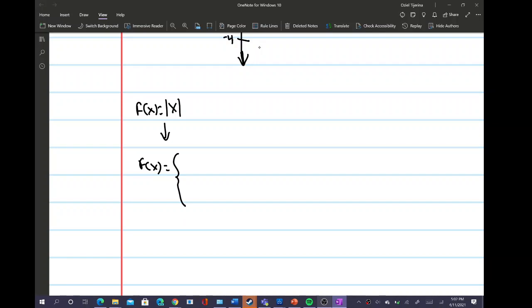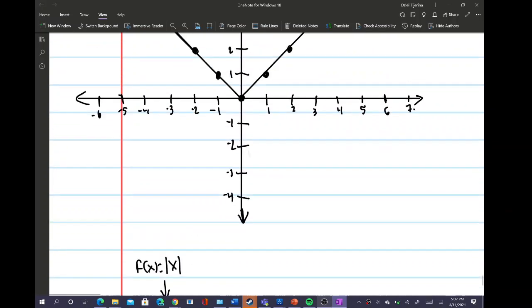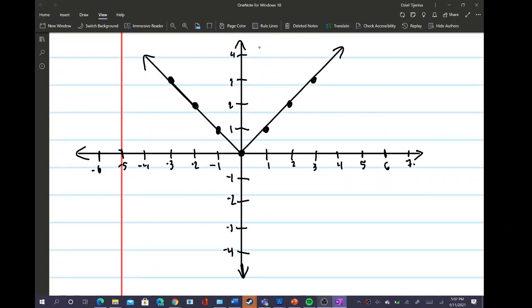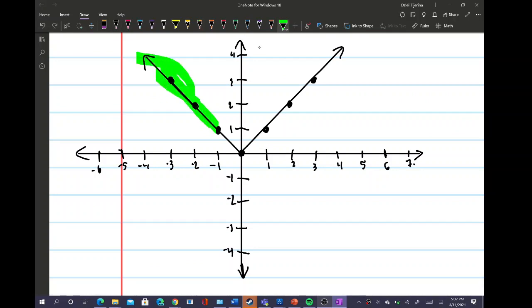And I don't know if I went over piecewise functions. Maybe I did, I can't remember. But really, it's -x such that, because this highlighted part here, if you think about it, is really -x.